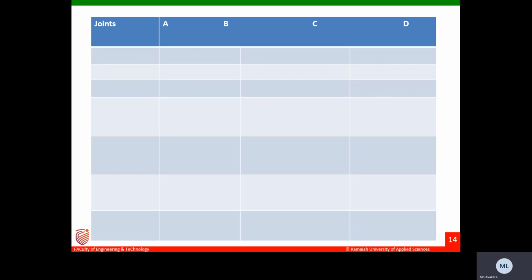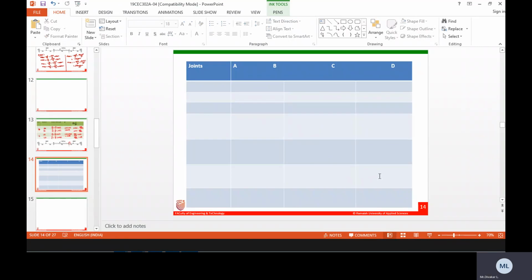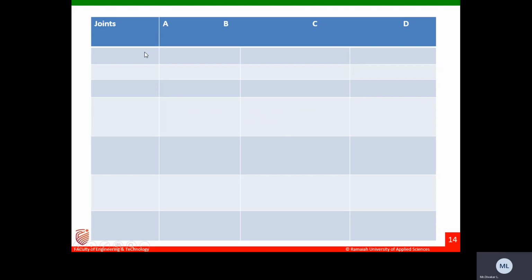Okay, now let us consider the joints. What are the respective members here?